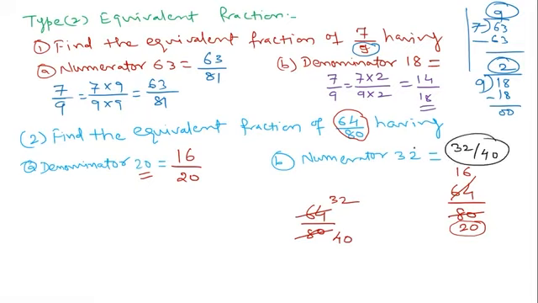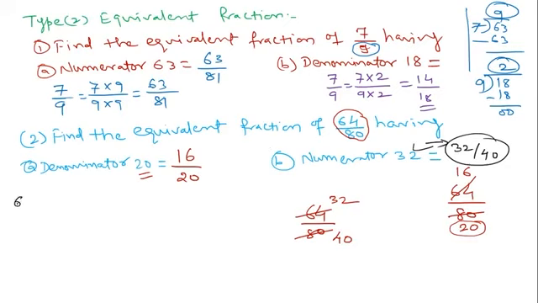In this way, you will find out how to do it. Here we have to make this 64 by 80 into lowest terms. Lowest terms means divide this fraction by the same number. The second method I will tell you.